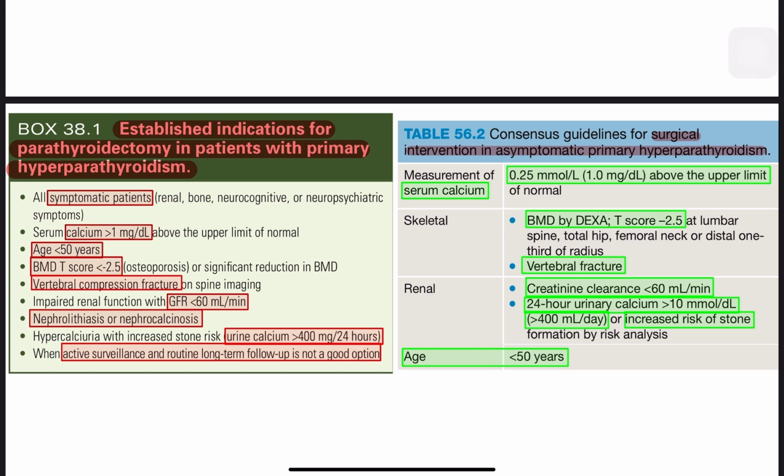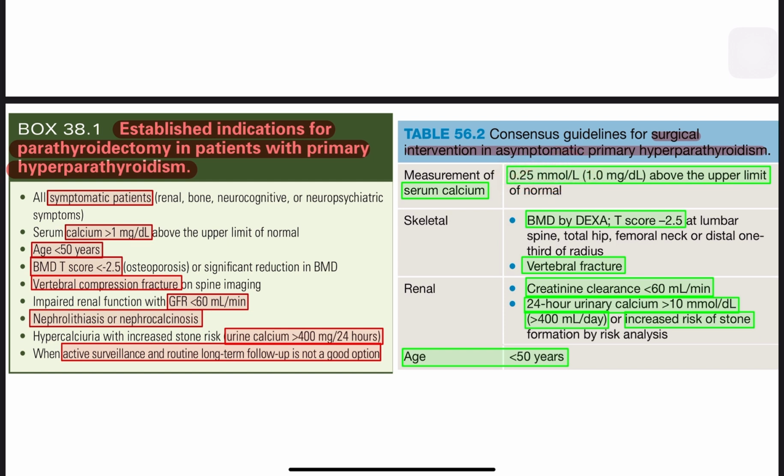So here it is mentioned, the asymptomatic cases of primary hyperparathyroidism, the surgical indication. So serum calcium more than 0.25 millimole per liter or 1 mg per dl above the upper limit of the normal. Okay, so this new value, 0.25 millimole.